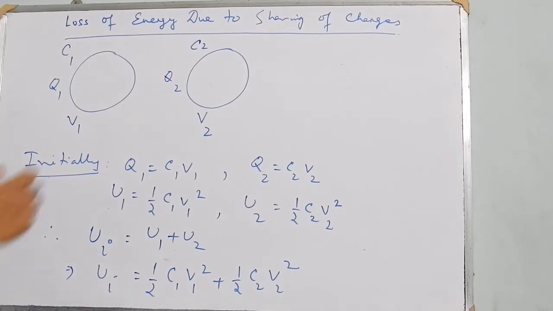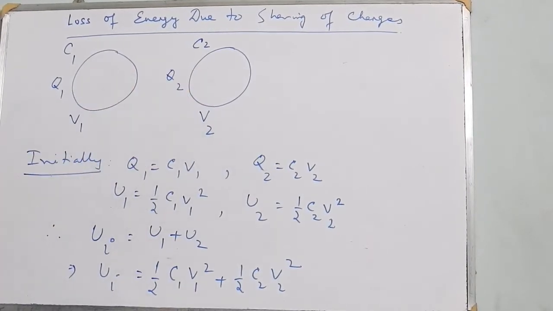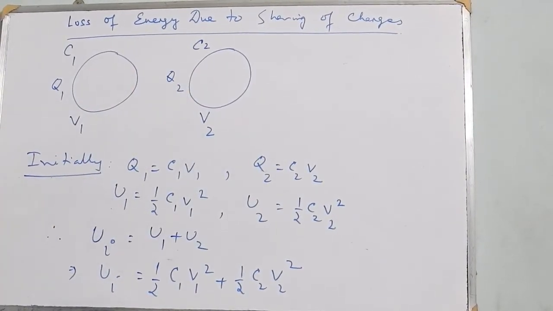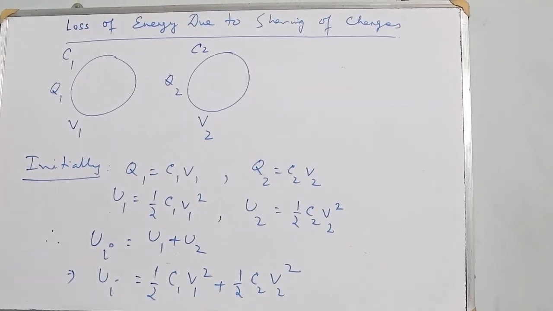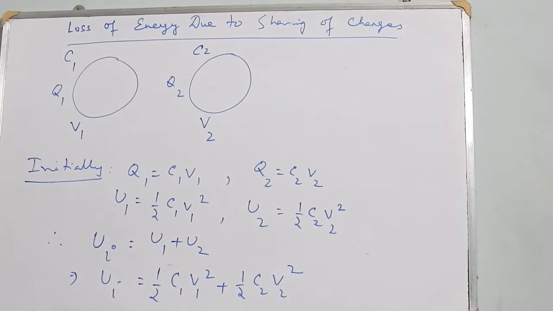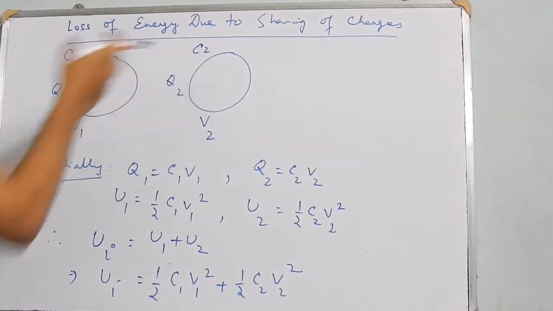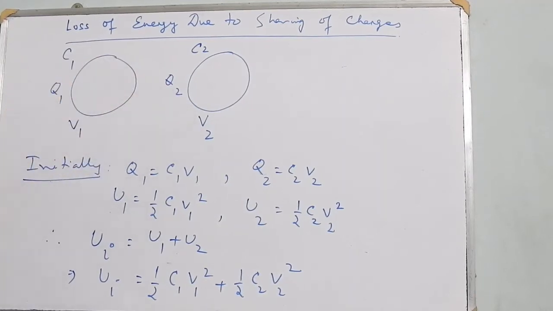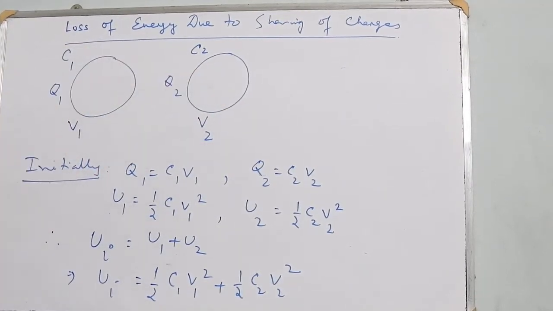Because they are conductors, if they are connected by a metallic wire, definitely charge will start to flow from one conductor to the other, depending on what amount of charge is stored. If Q1 is greater than Q2, then charge will start flowing from the first to the second. If Q2 is greater than Q1, charge will flow from the second to the first.